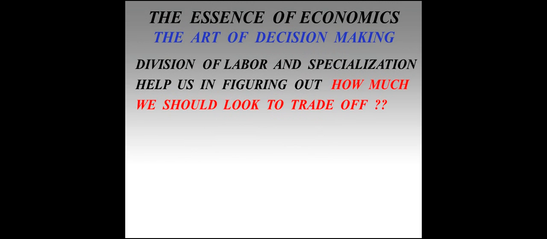The division of labor and specialization certainly help us to figure out how much we should look to trade off in our decision making. However, how much or how far should we go in implementing division of labor and specialization?